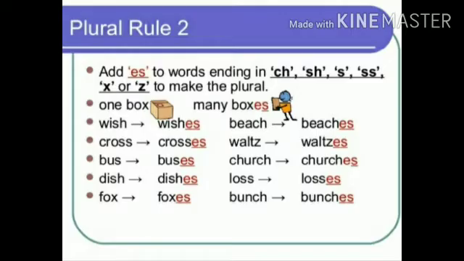The word dish ends in sh, we are adding es to make it plural. The word bus ends in s, we are adding es to make it plural. Similarly, look at the words that are ending with double s, x or z. We are adding es in order to make them plural.